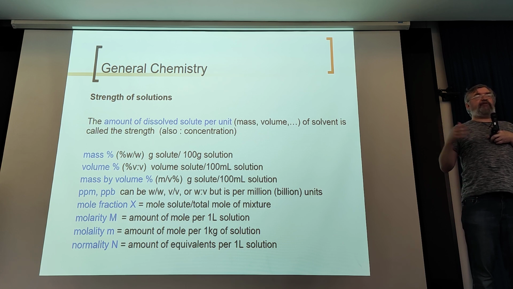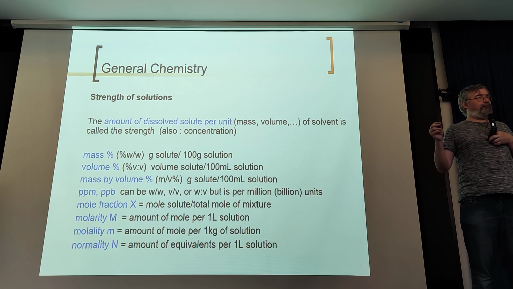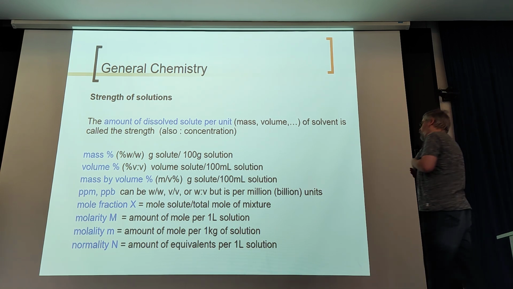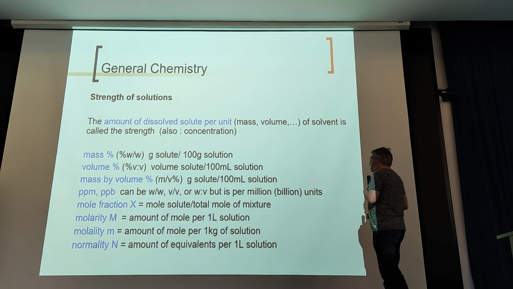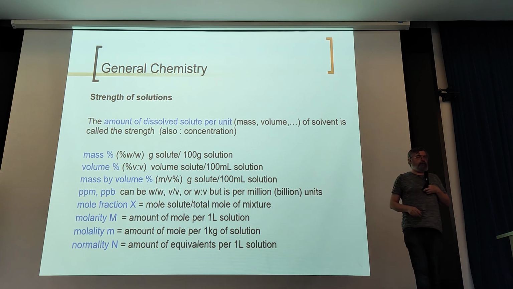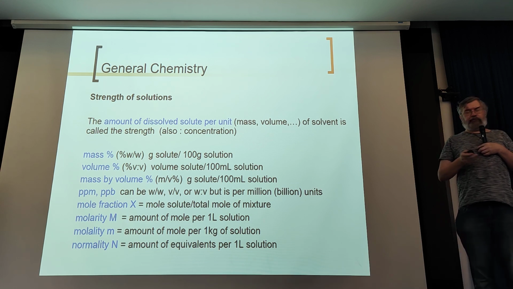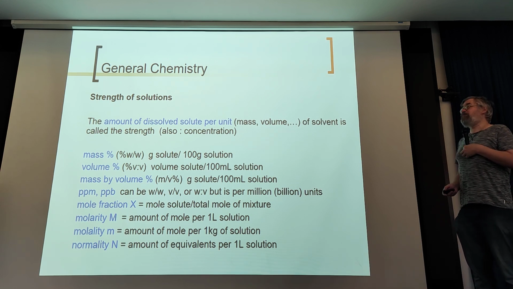So that means 2 equivalents of protons. If you do an acid-base titration and we have 5 molar of sulfuric acid, that's actually 10 normal, because 2 protons. So it's good to keep that also into account. In most of what follows, we will use molarity. So that is, I think, the most important to remember.